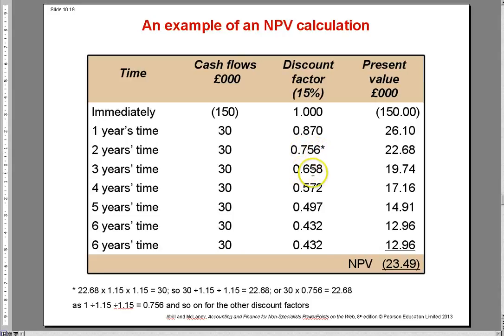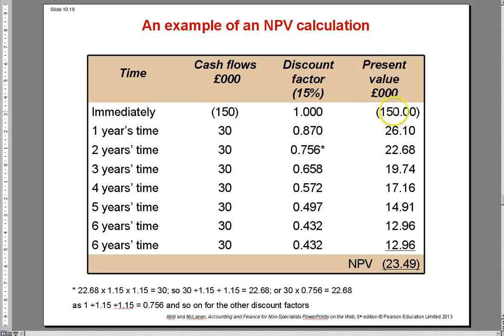End of year 3, £1 at the end of year 3 is worth 65.8 pence now. And so we multiply these cash flows in the future by their present value. This one is 49.7 pence in the pound. So the present value is 14.91. So we've now managed to take all these future cash flows and sweep them back to their present value, the T0 value, the value now.